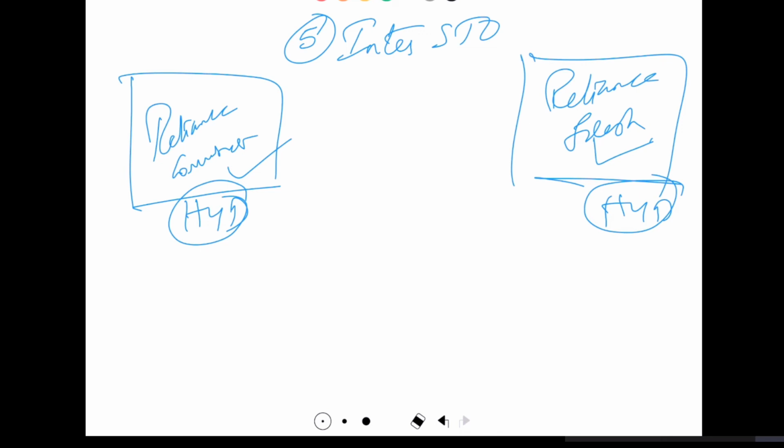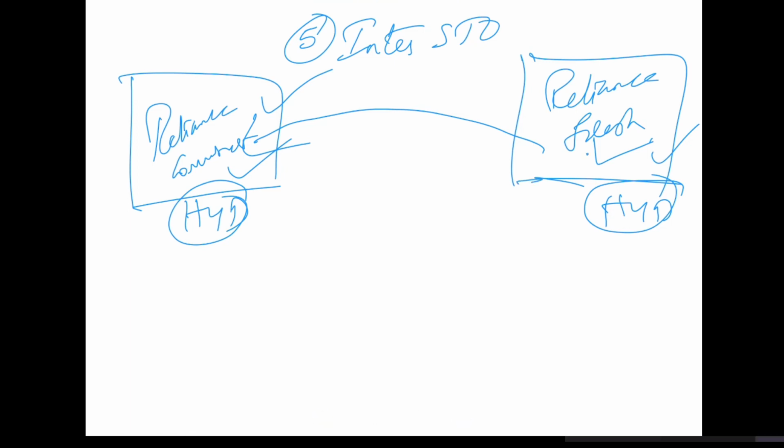Some articles which we are using in both. So I thought, okay, I just want to transfer from Reliance Fresh to Reliance Communication, because both are using the same product. Maybe they have some shortage in Reliance Communication, so we are moving goods from Reliance Fresh to Reliance Communication.